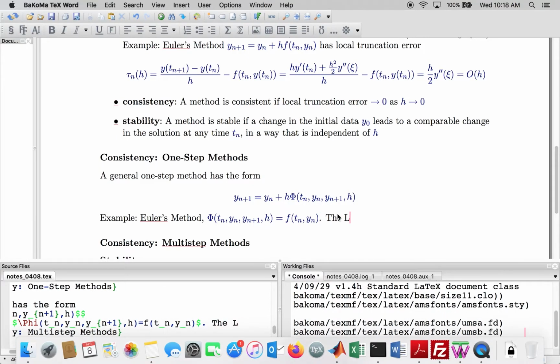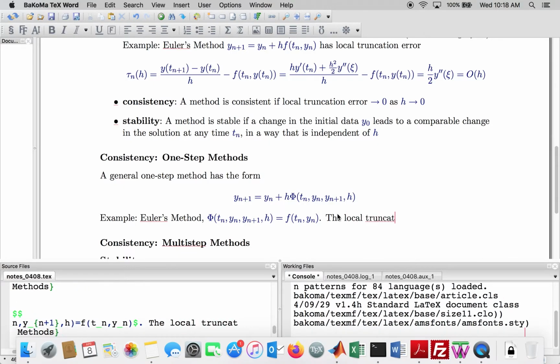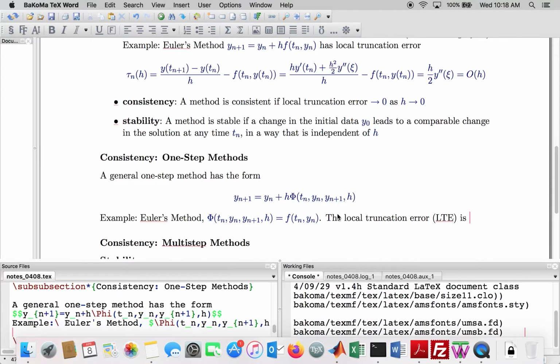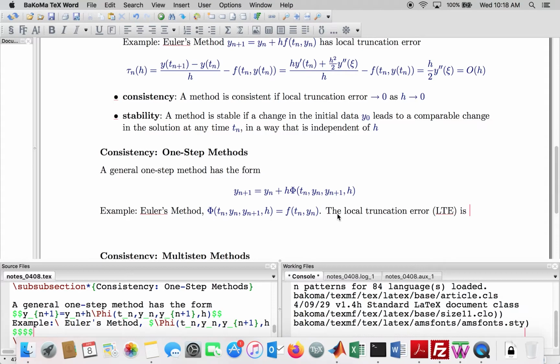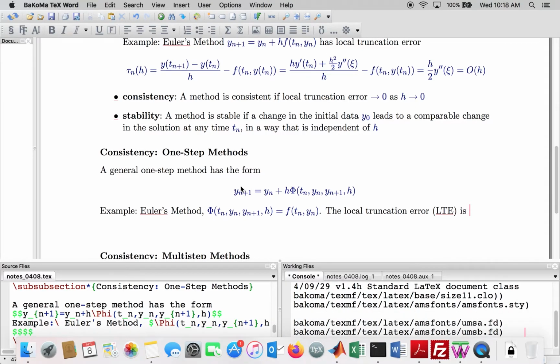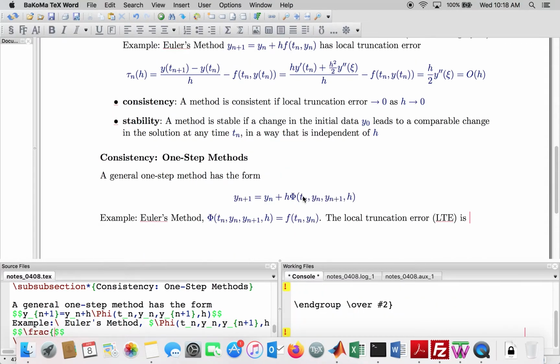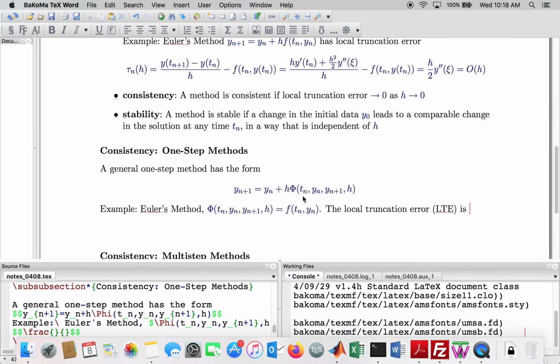So the local truncation error, which I will abbreviate as LTE, is, so all we do here is we just rearrange the method and divide by h, and we also substitute the exact solution into the method.